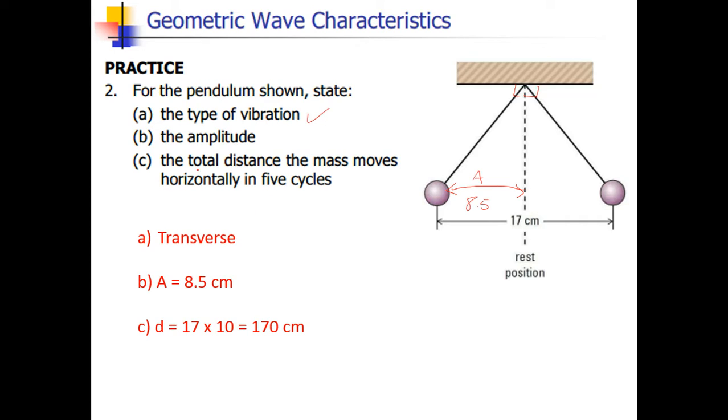Now it says the total distance the mass travels in 5 cycles. Well, a full cycle is the pendulum moving side to side. I'm just going to erase this for a second to show you what one cycle would look like.